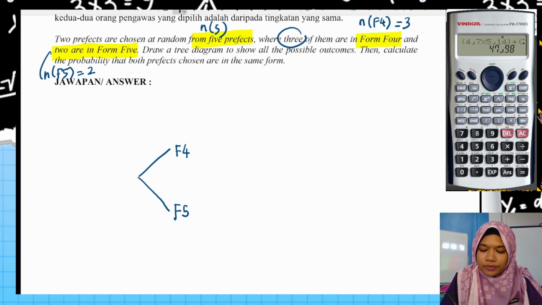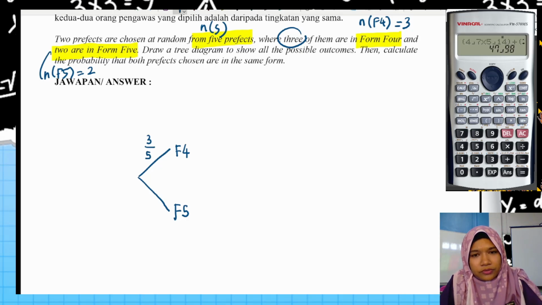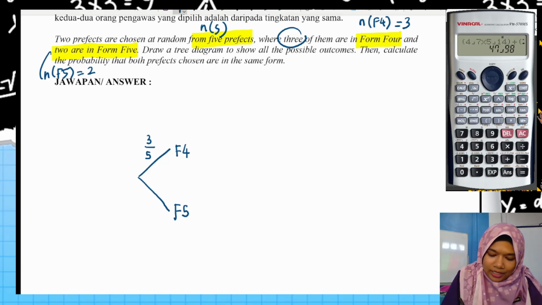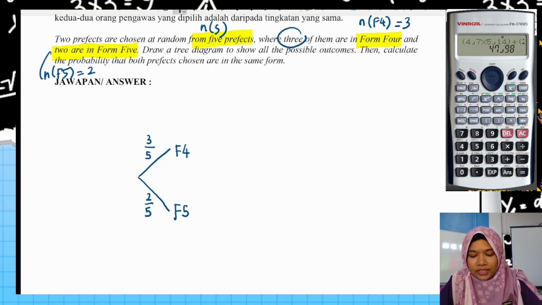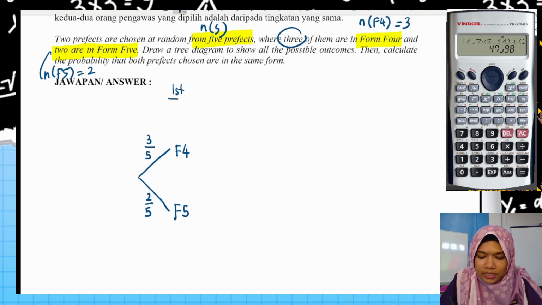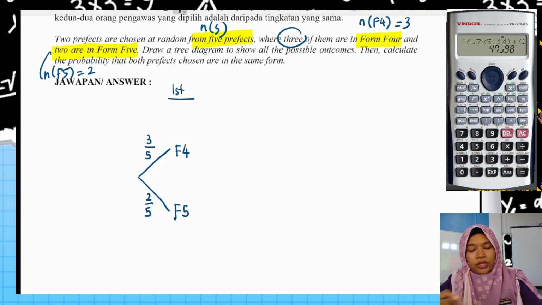It is 3/5. Kenapa 3/5? Because there are 3 Form 4 and the total prefects is 5. And Form 5, 2/5. This one for the first selection when you choose the first student.